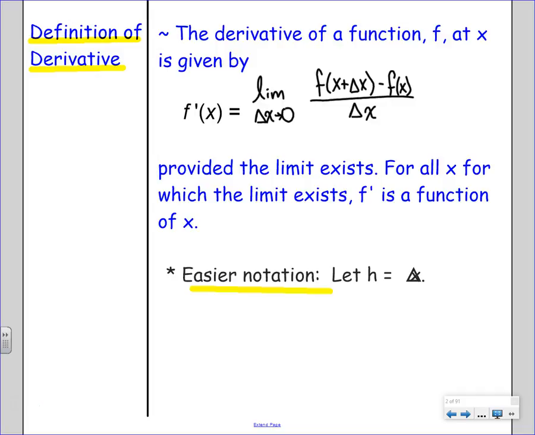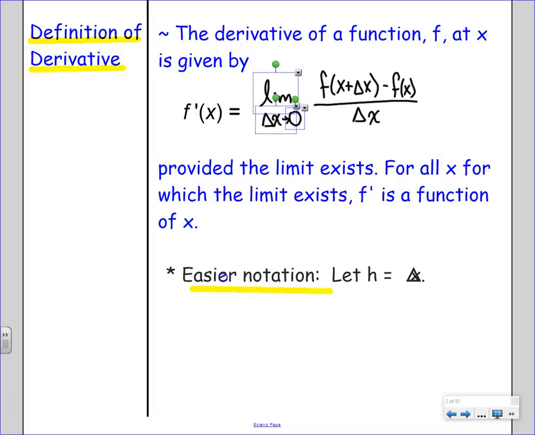Remember, slope of any line is just rise over run. Change in y over change in x. So on top I have y's. On top I have my difference quotient. Sorry, on top I have my change in f of x's. f of x plus delta x minus f of x. On bottom, I have my delta x.